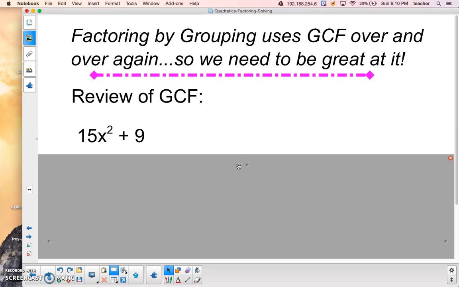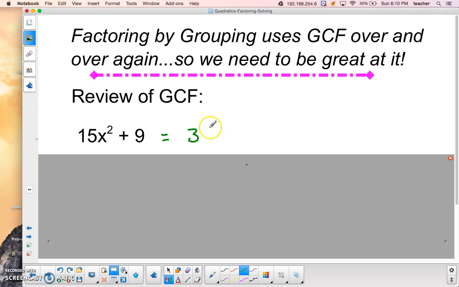We'll begin with the problem 15x squared plus 9. What we want to do is factor this using GCF, so we're going to look for the greatest common factor, first with the numbers, and then, if it applies, with the variables as well. If you look at 15 and 9, I hope you notice that the number that divides evenly into both of them is 3, and that is the greatest common factor that I can find.